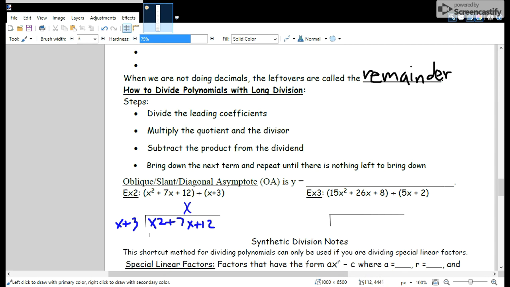So x times x is x squared. x times 3 is 3x. Then we subtract the product from the dividend. So change the sign of each of these. Okay, that's 0x squared. That's 4x. Bring down the next term, which is that plus 12. And repeat the process.